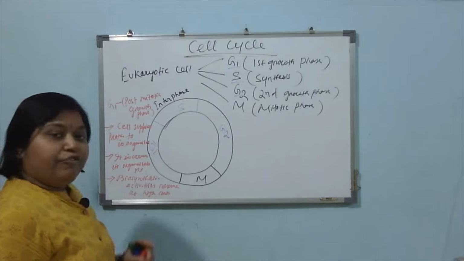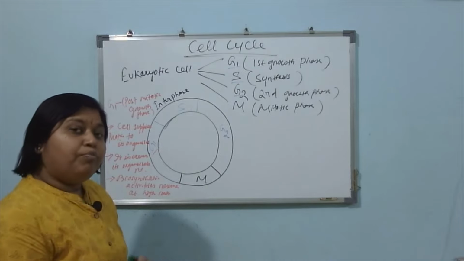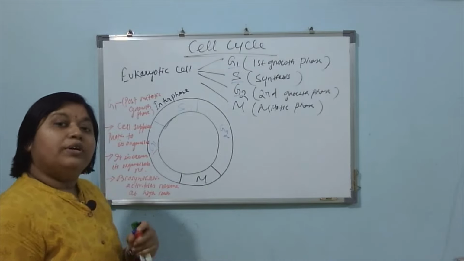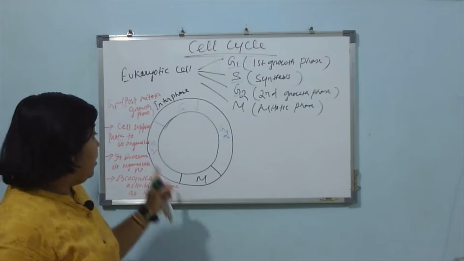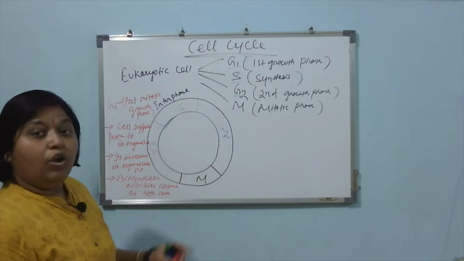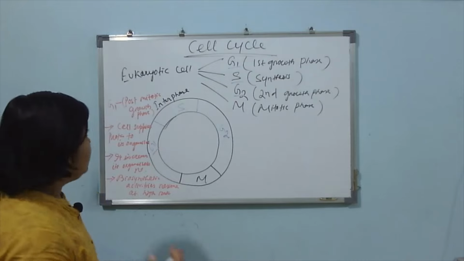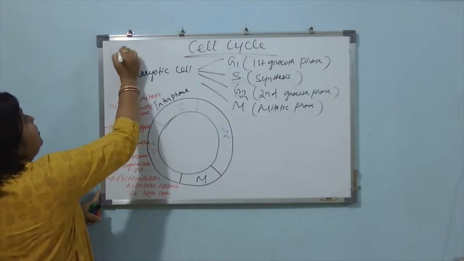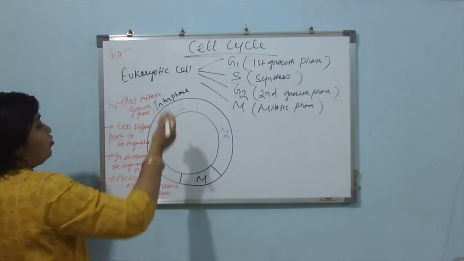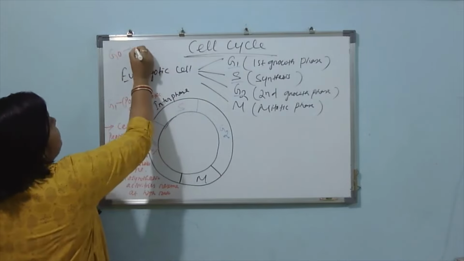During this G1 phase, at a certain point, the cell also decides whether it will continue the cell cycle or withdraw from the cell cycle and enter into the G0 phase. This G0 phase is also known as the resting phase, or quiescent phase.